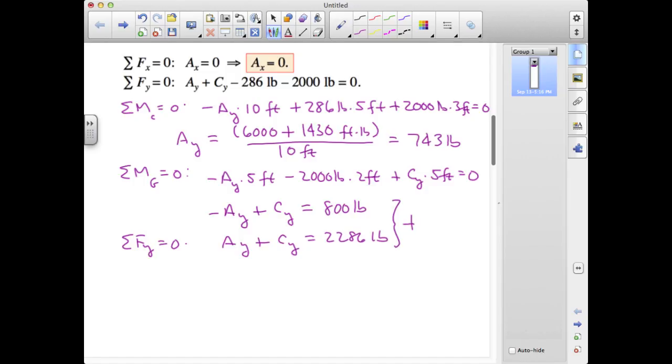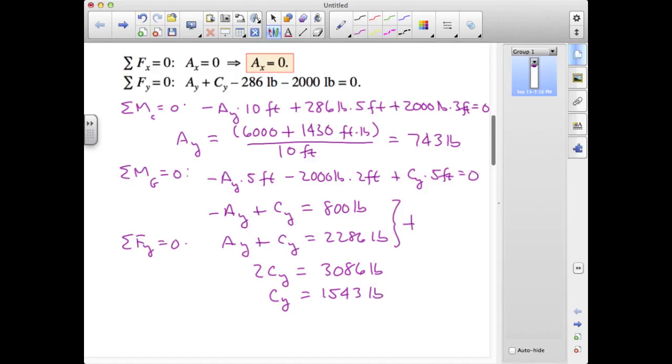The AY's will go away and we get 2CY is equal to 3,086 pounds, or CY equals 1,543 pounds. Again, there's no difference in the results, but instead of getting one of the reactions directly, we had to solve two simultaneous equations to get the reaction components.